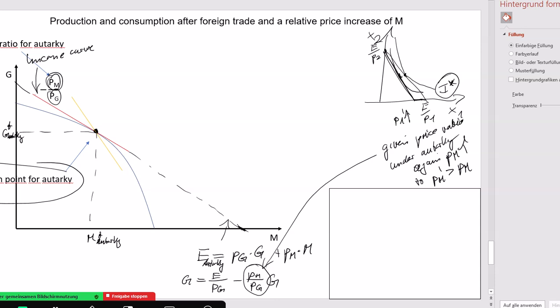And now we have interchanged, so to speak, the curves. Now the blue one, the transformation curve, is our fixed condition, because how we produce, the production functions, have not changed.